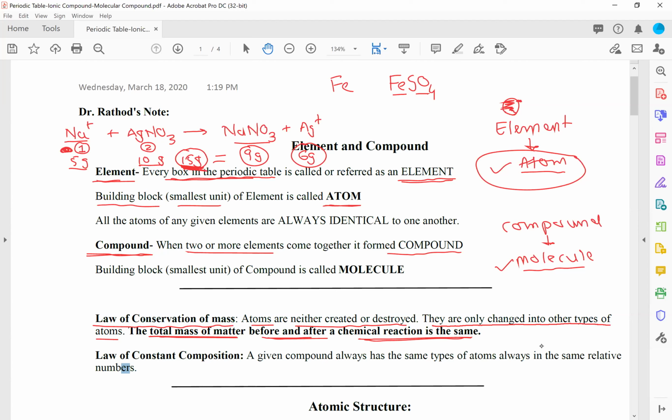In general, nobody is going to ask you this kind of question, but you should be able to understand what conservation of mass is. Conservation means retaining or keeping. Mass means you are keeping the same mass. Let's say you put 100 grams of sand into a container and into some sort of heating machine.